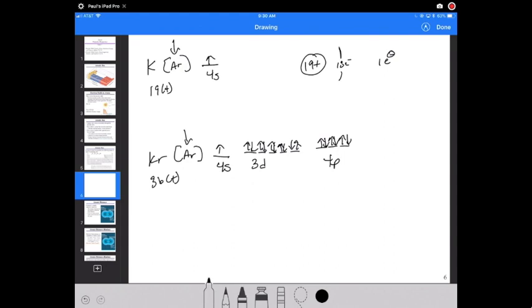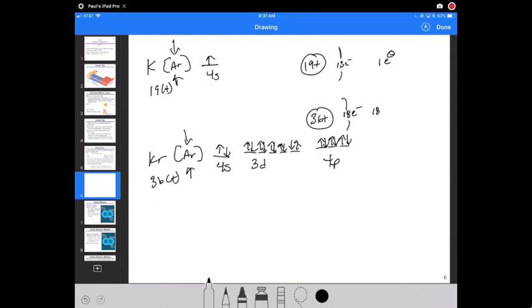Okay? Compare that to this. 36 protons inside the nucleus of the krypton. The shielding electrons are only 18 because it has the same core as potassium. On the outside, I have 18 electrons.